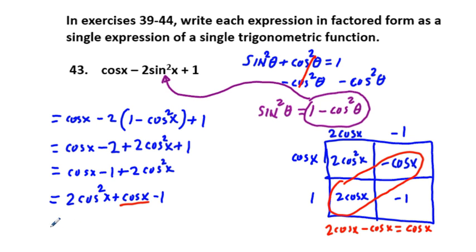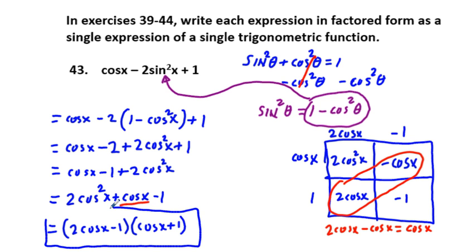So this is going to be equal to the quantity 2 cosine x minus 1 times the quantity cosine x plus 1. And there we have it. Okay, so that's going to be some factoring problems.